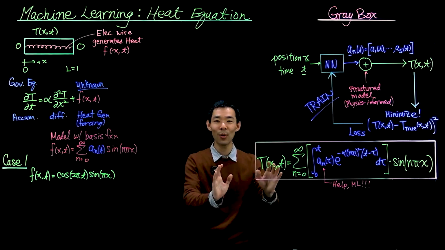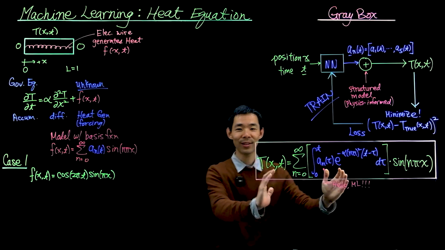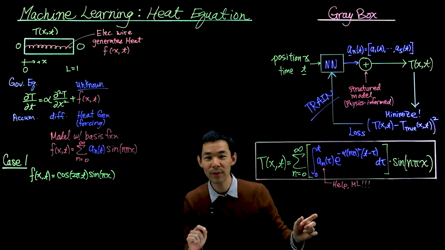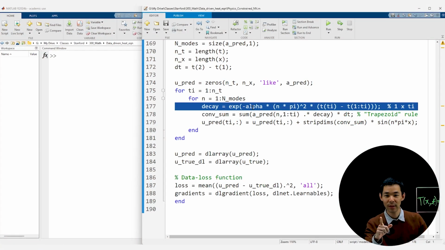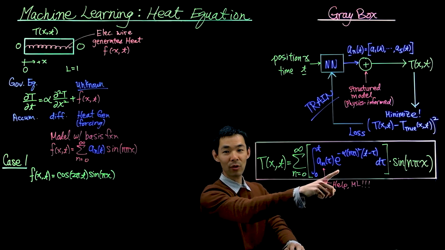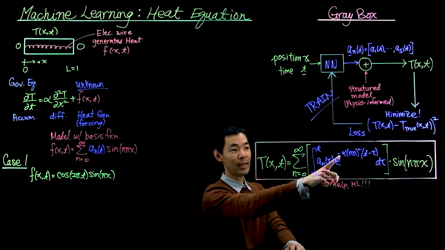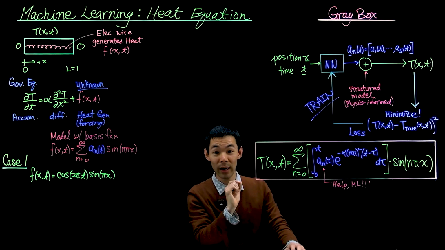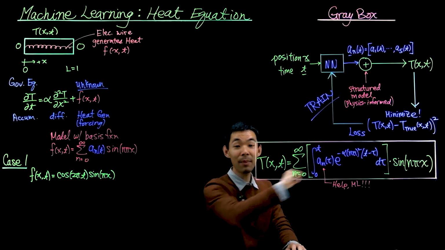Now, let's go back up to the board. That is precisely the integrand. I hope you see that. So on the screen, there's an exponential right there. Exponential of negative, I have alpha times n pi squared times t minus tau.